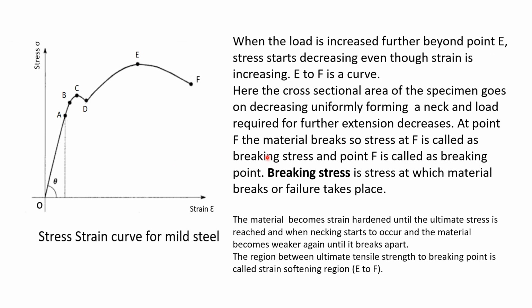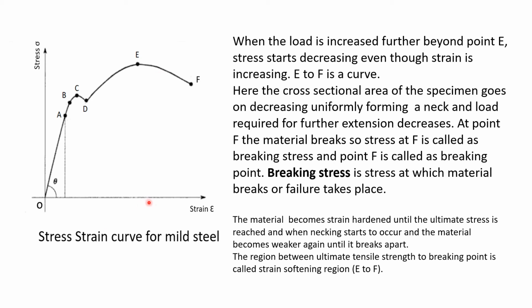Then when the load is further increased beyond point E, stress starts decreasing even though the strain is increasing. Here if we further load the material beyond the ultimate stress, beyond point E, strain is increasing.